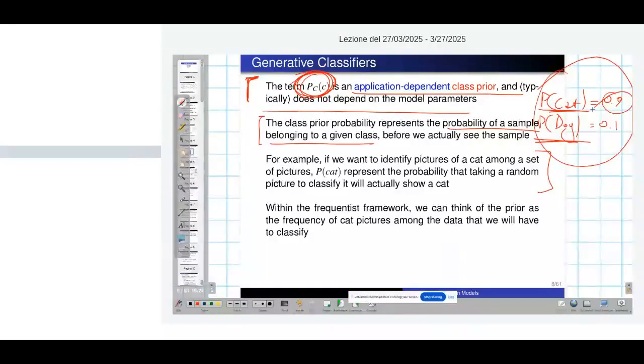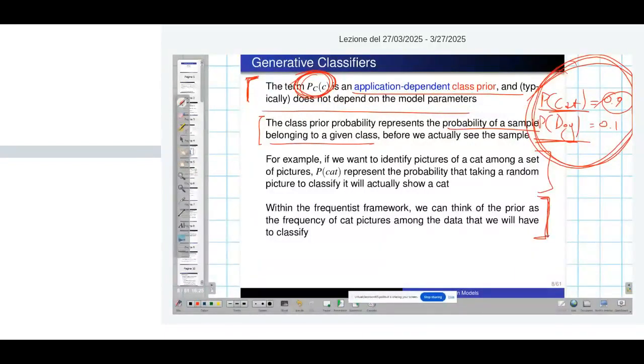Then once I look at the image, I may end up concluding that it was actually a picture of a dog. We'll see how this process leads to changing our opinion with the example. But the prior probability represents information that I have before I apply my model. And in this sense, it's typically not directly related to the model itself.